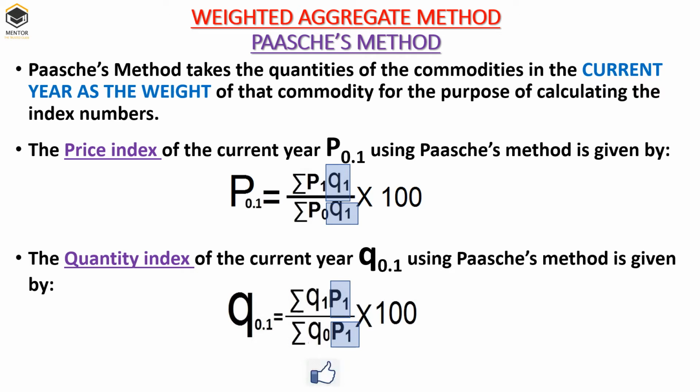In the Laspeyres method weight is given to the base year. In the Paasche method the weight is given to the current year. In the price index we are giving weight to the quantity of the current year. In the quantity index we are giving the weight to the price of the current year. So these are the formulas of our Paasche method.